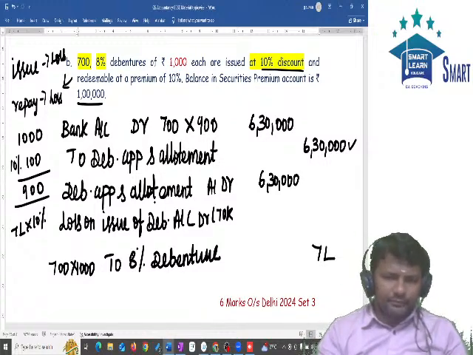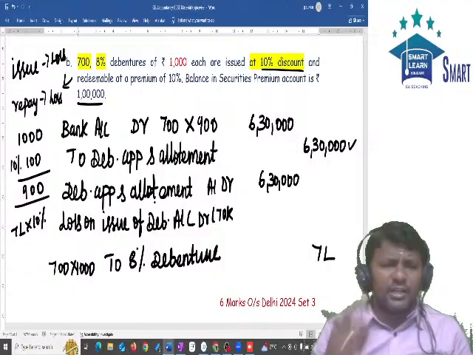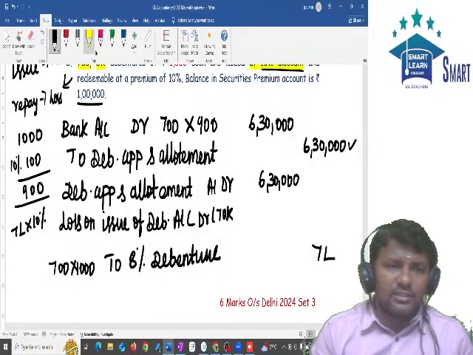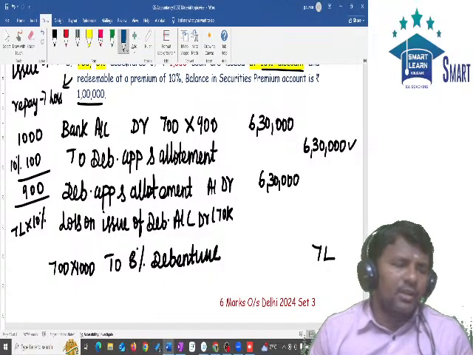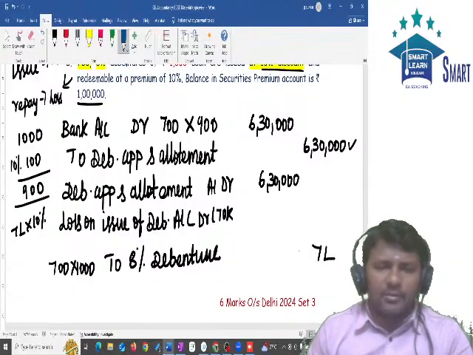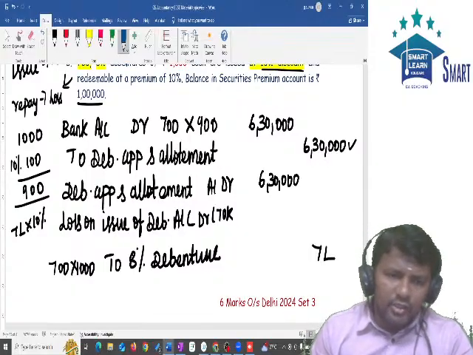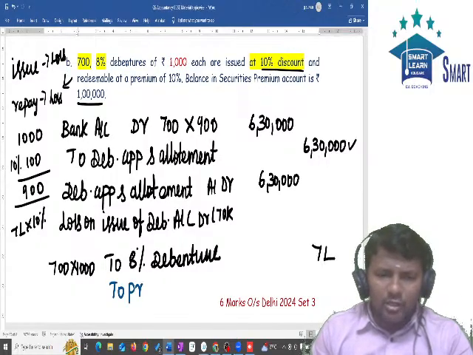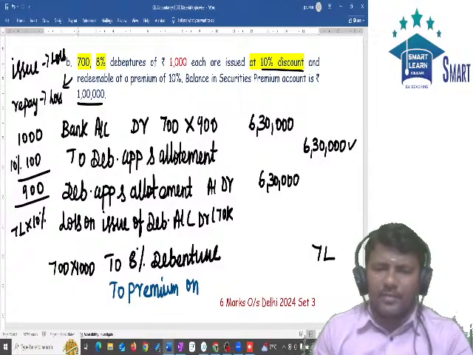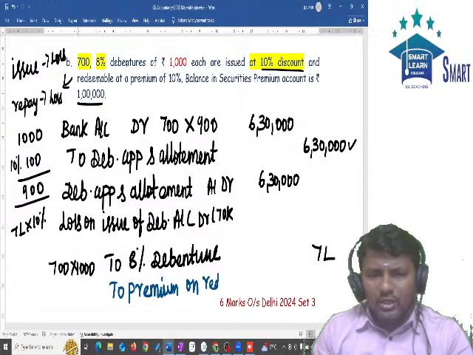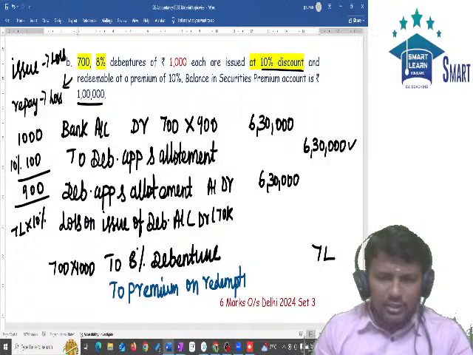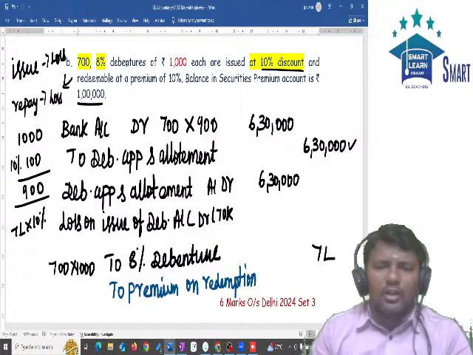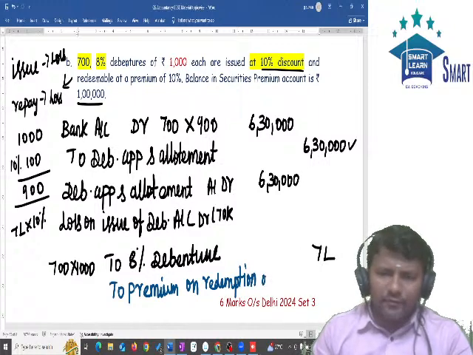Also remember, here debentures are redeemed at a premium. Whenever debentures are redeemed at a premium, loss on issue of debentures account should be debited to premium on redemption of debenture.